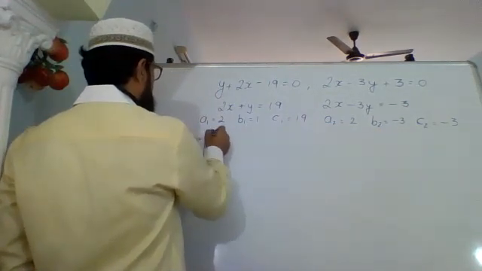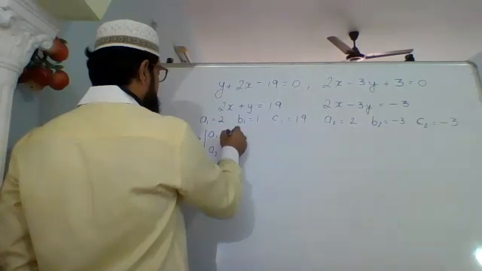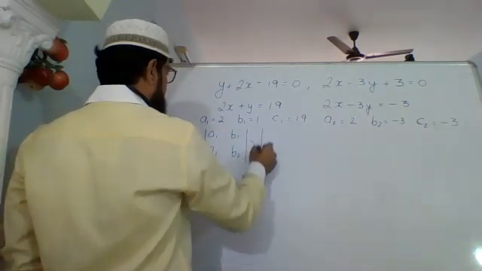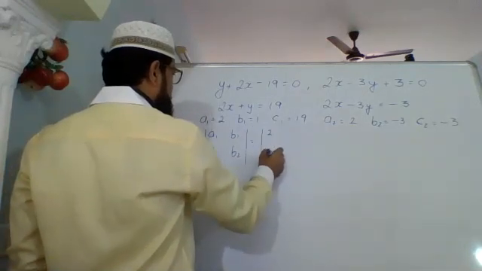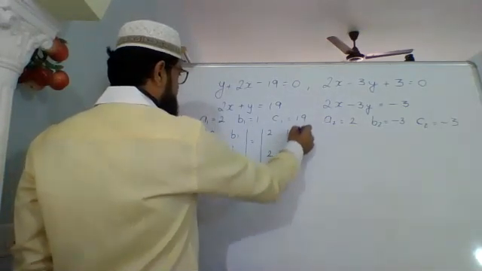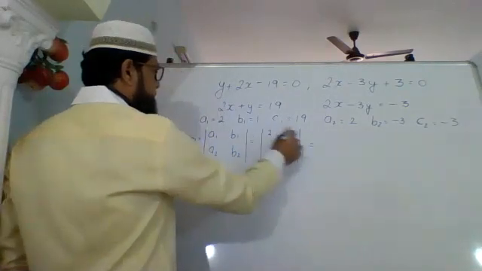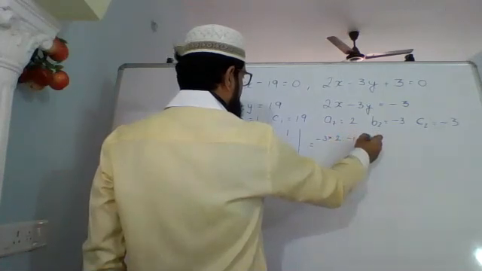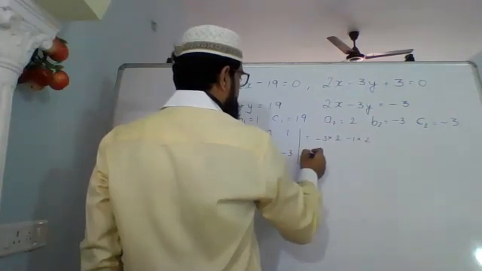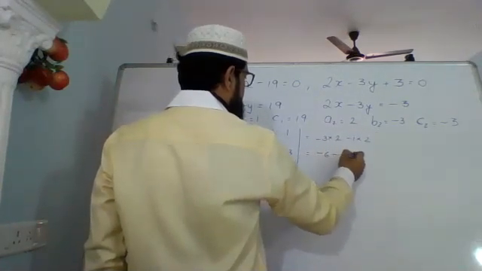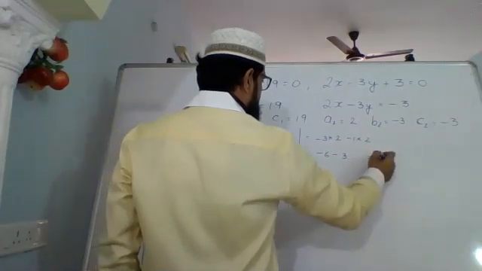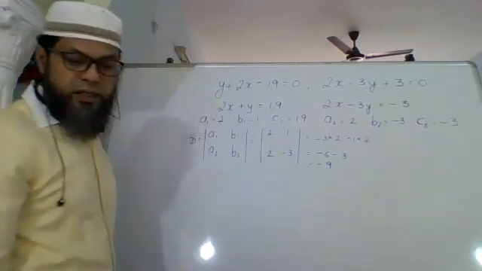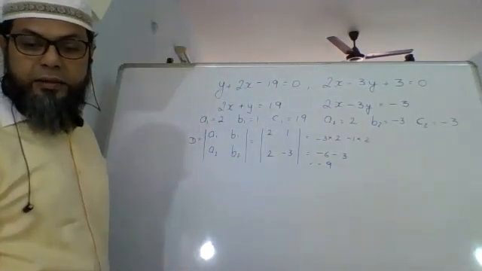D is the determinant of a1, a2, b1, b2. In this case, it is minus 3 into 2 minus 1 into 2, which is minus 6 minus 3, which is minus 9. D is minus 9.